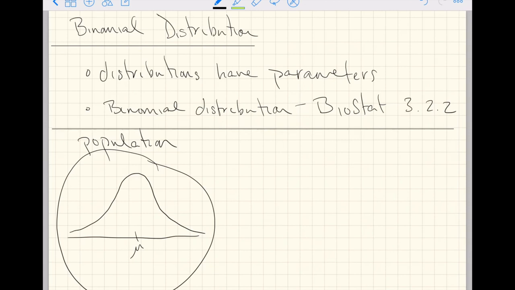If you're interested in all US adults' heights, then there is a population of US adults, and if you made a density plot of all of their heights, it would look something like this. There would be a mean of all US adults' heights, as if you could get your hands on all US adults, add up all of their heights, and divide by however many there are. That's what this population parameter mu is theoretically equal to.